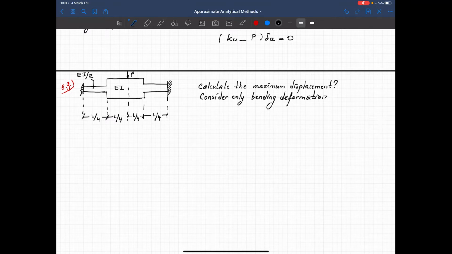Okay, so in order to solve this, I'll use an approximate function. So let's use a third order polynomial function.